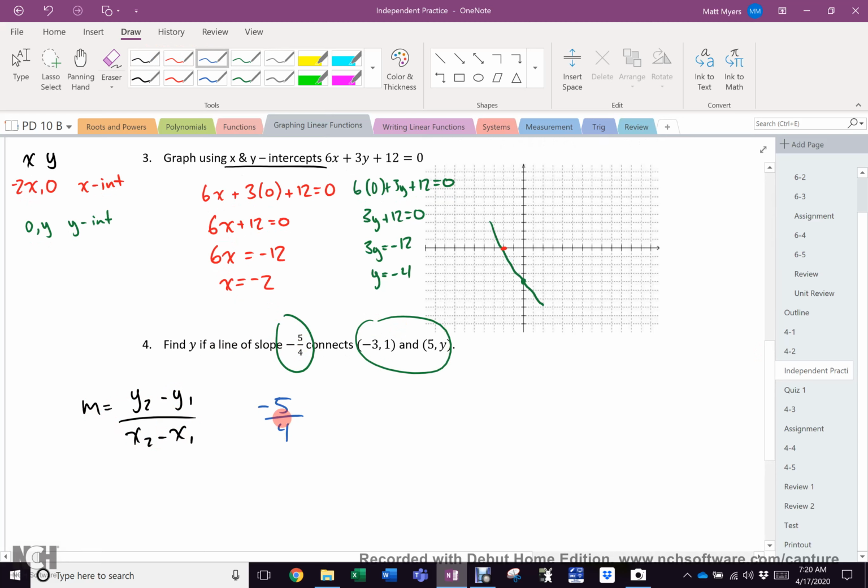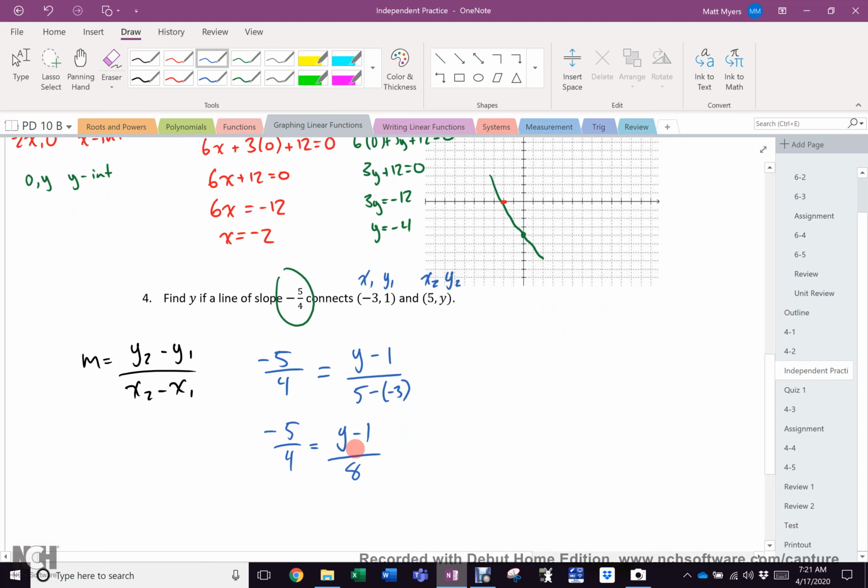That would be fine too. And that is going to equal, what do I see here? x1, y1, x2, y2. So y minus 1 over 5 minus 3, which is negative 5 over 4 y minus 1 over 5 minus 3 is 8.